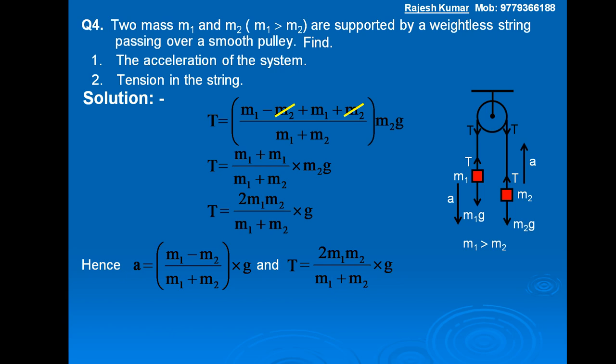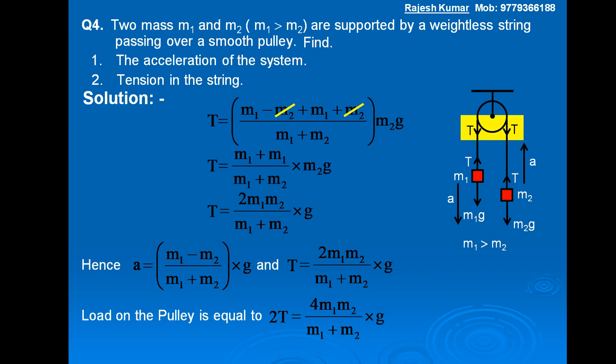Now to find load on the pulley, see in the diagram, it is equal to T plus T, 2T. Putting the value of T we get 4M1M2 upon M1 plus M2 into small g. This is the total load on the pulley. So this is the answer for single pulley system. Thank you very much.